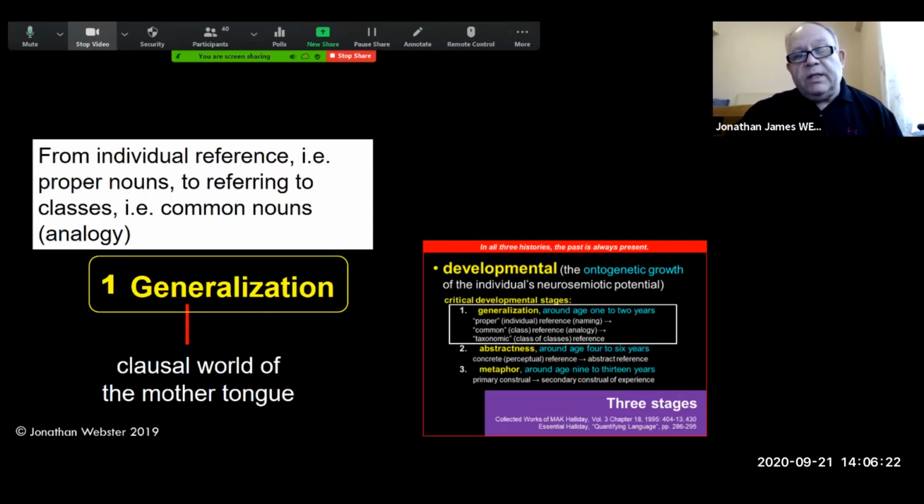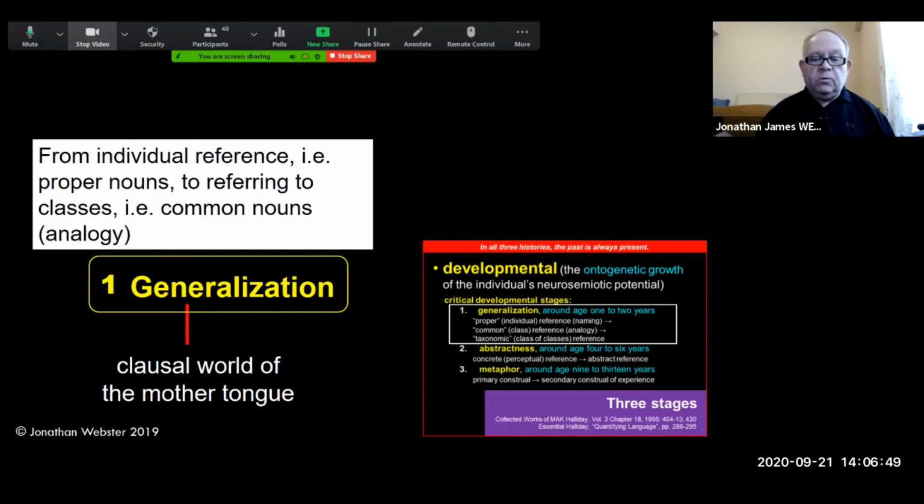Okay, first Halliday. Halliday's point is that if you look back at the way language develops in a child, what you notice is that little children do not use metaphors. They seem to go through several stages. The first stage is the ability to generalize.